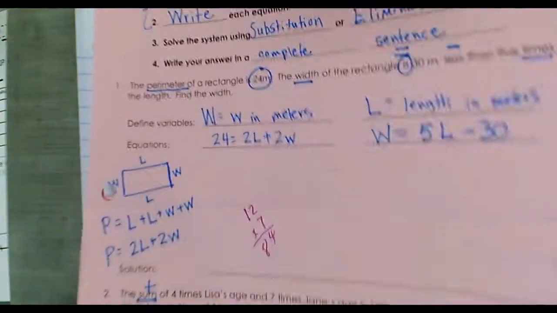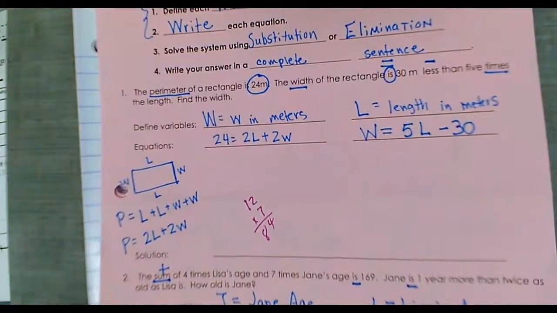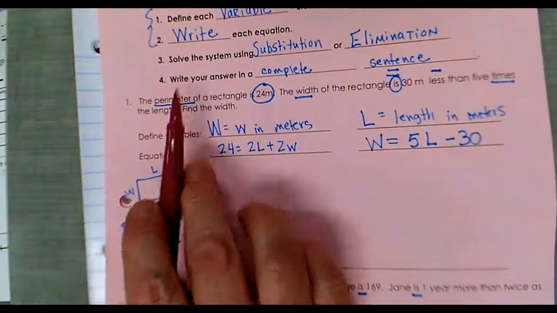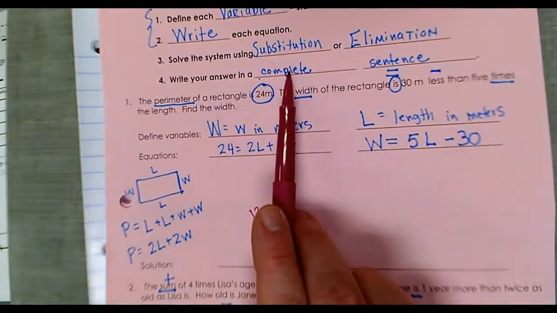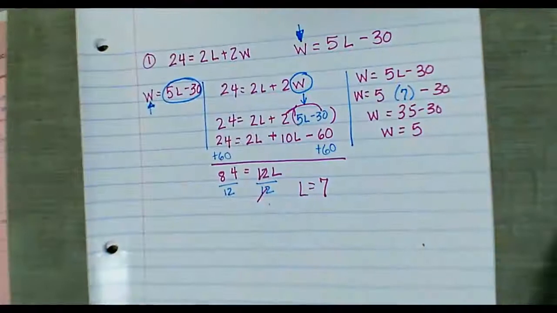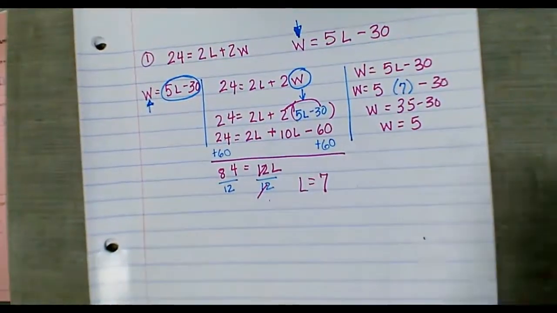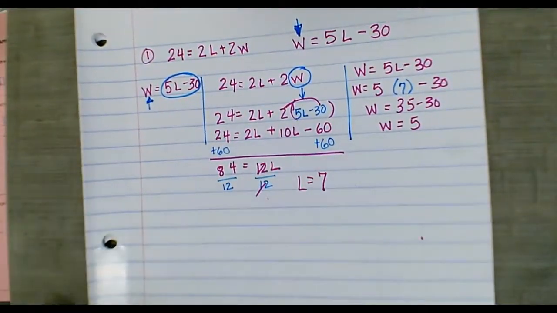Now, back over here on our notes, 4, write your answer in a complete sentence. So, oh, and I also actually did a little bit extra work because it said find the width.